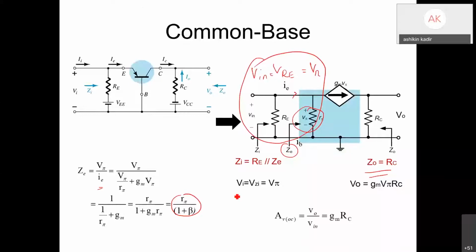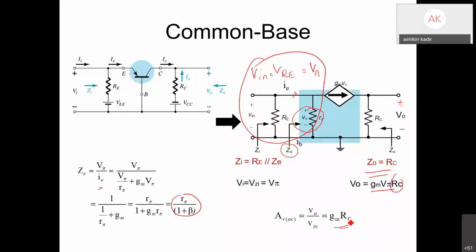So VI equals V pi. And your V out, because the current is pointing to the output, the value must be positive. So GM V pi positive multiplied by RC. AVOC, V out over V in, you get GMRC.